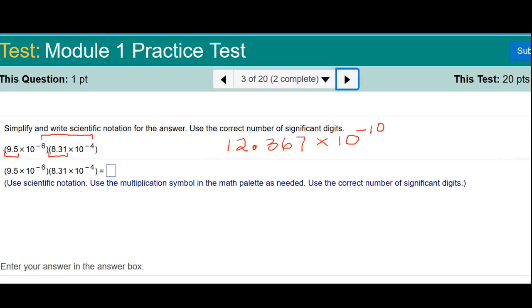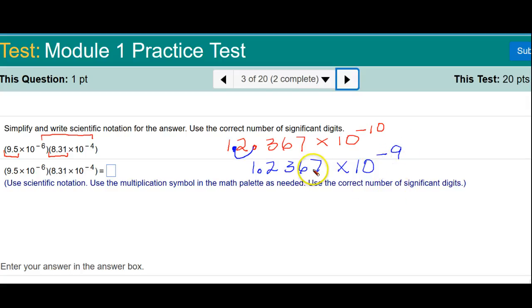So what we need to do then is make this into scientific notation by moving the decimal point right there. So we now have 1.2367 times 10. But now since we move the decimal one place to the left, we have to add a positive 1 exponent to this. So this now becomes a negative 9.